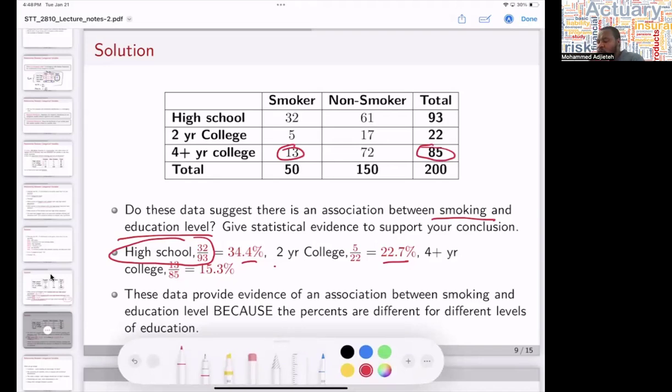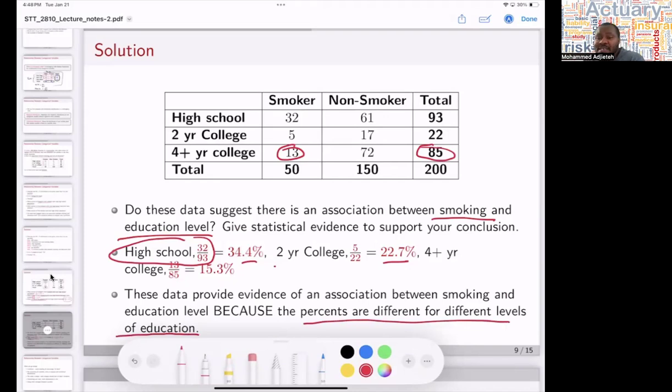And so you can see that the percentages are different across the various levels of education. So we can conclude that this data provides evidence that there is an association between smoking and education level, because the percents are different across different levels of education.